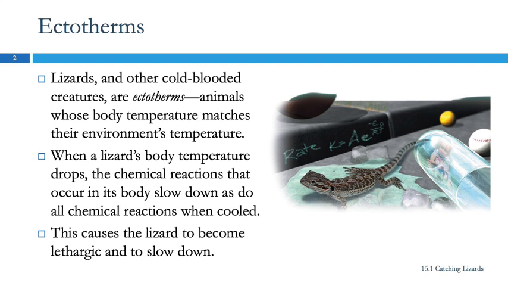So lizards are cold-blooded creatures, right? Which means that they do not generate their own body heat. So whatever temperature the environment is, that's what temperature they are. And so when a lizard gets cold, it slows down. And it slows down because all of the chemical processes, the biochemical things going on in its body, slow down as well.